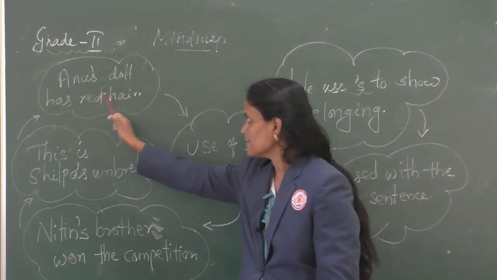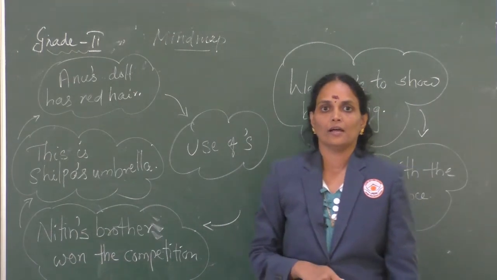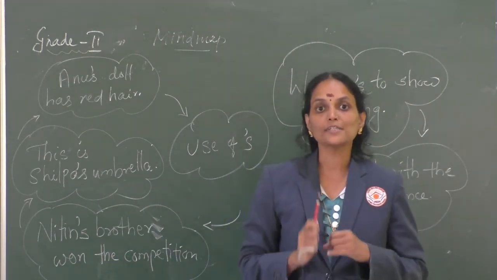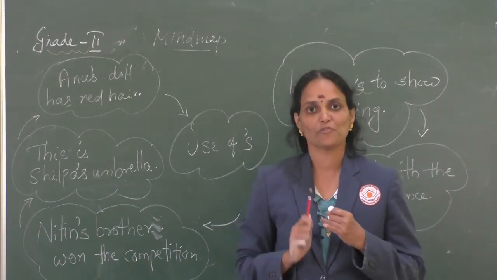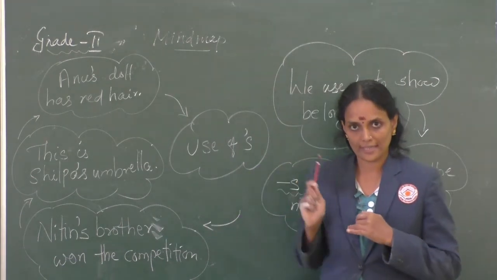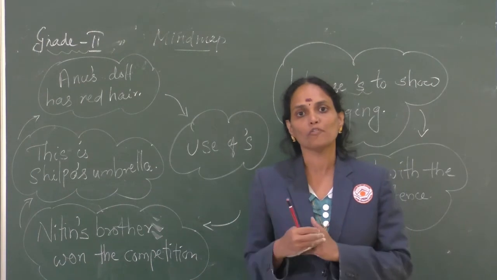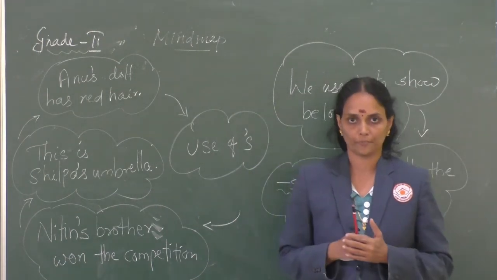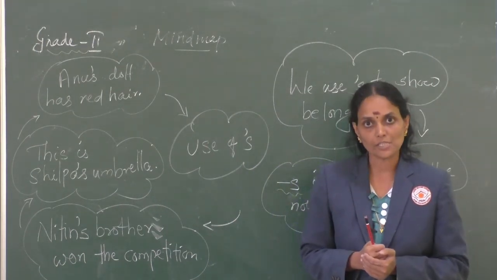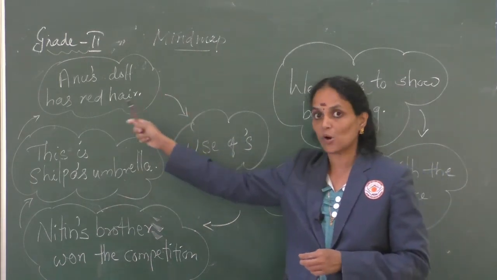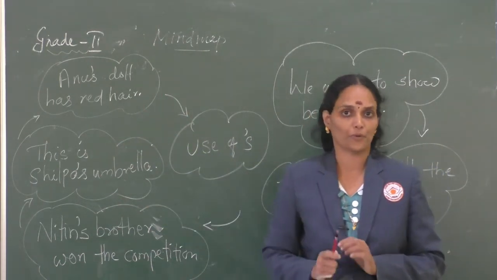Anu's doll has red hair. You have to bear in mind two main points. First one, apostrophe S always indicates the possession or ownership of something, of a noun in a sentence. Second one, apostrophe S is always used with a noun.